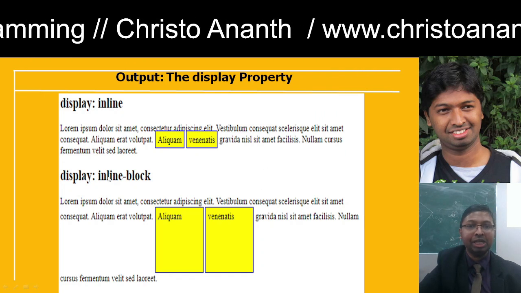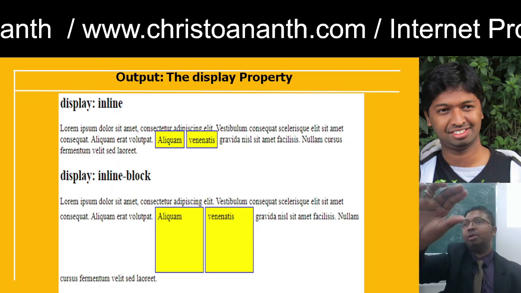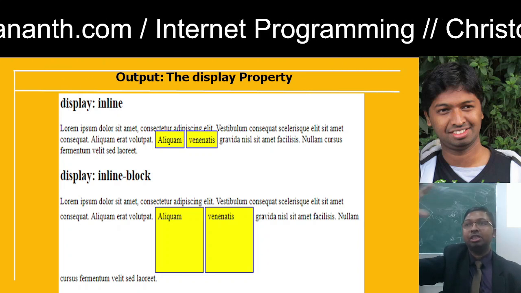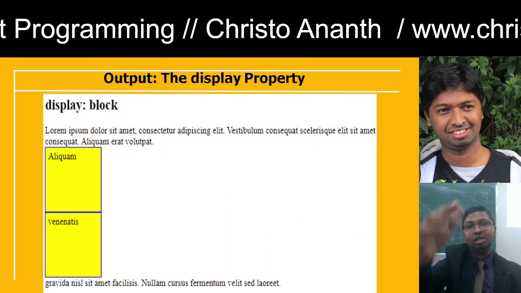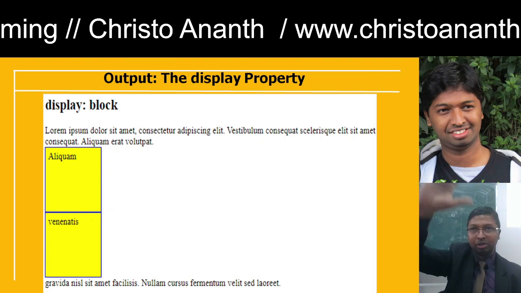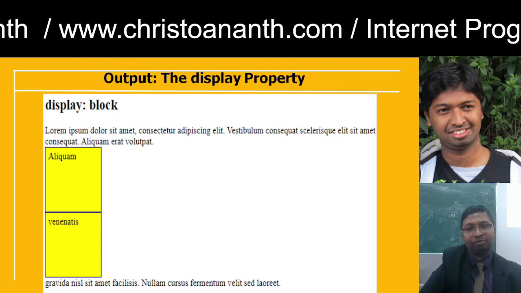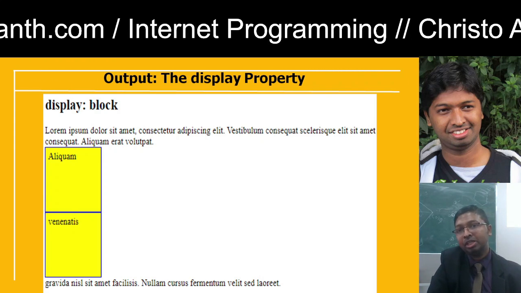Similarly, display inline block is a big block, containing aliquam and so on. That is not a small one, it's a big block. And similarly you'll have display block, with the elements one after the other. So this is what you display with the display property.